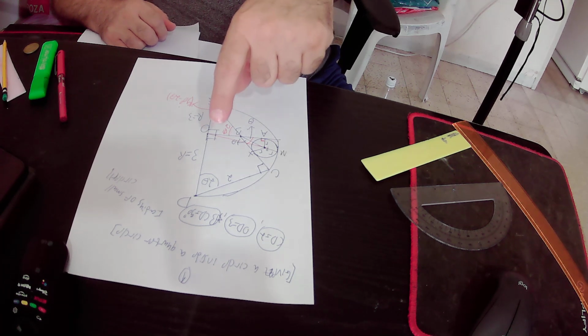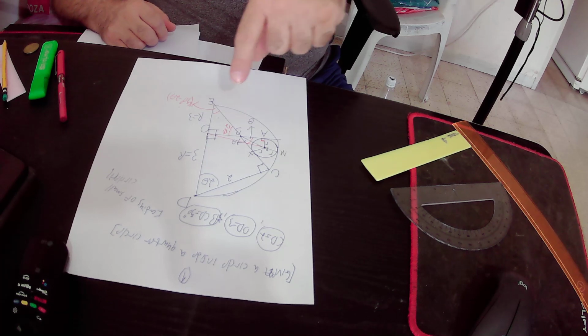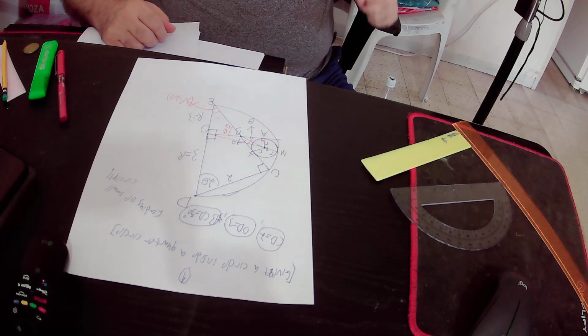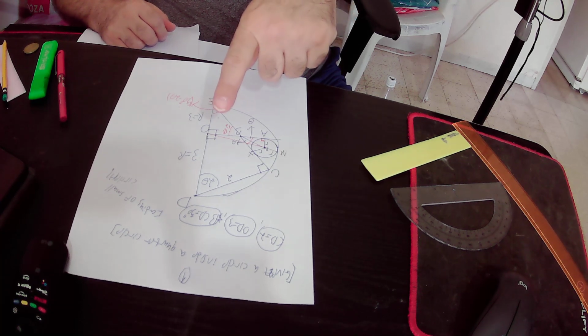Therefore, if DO equals R, OE must also equal R, because DE is the diameter that equals 2R.